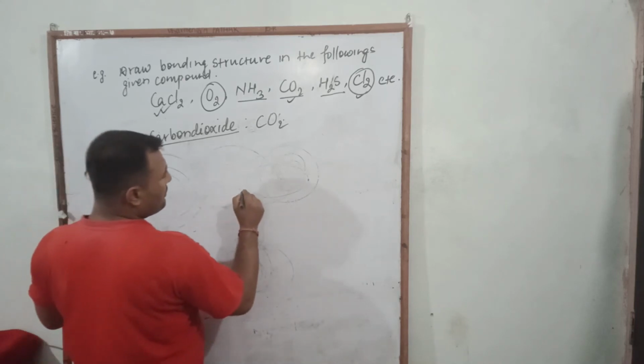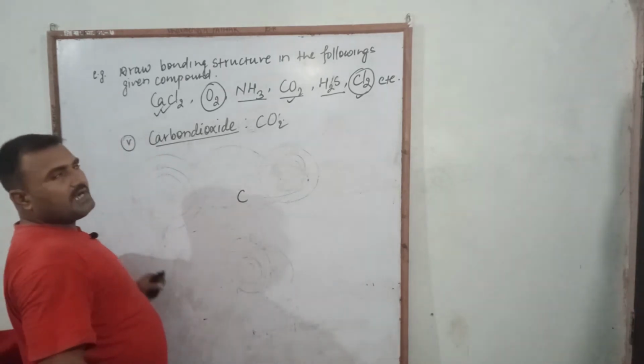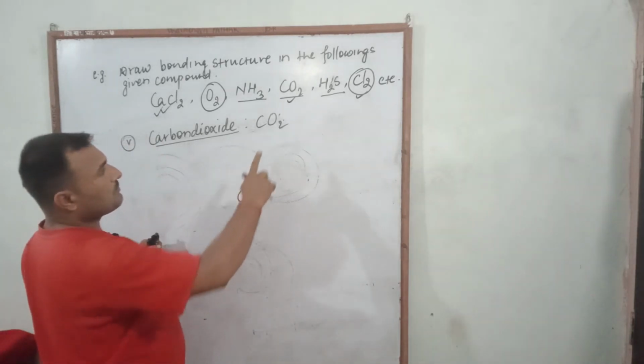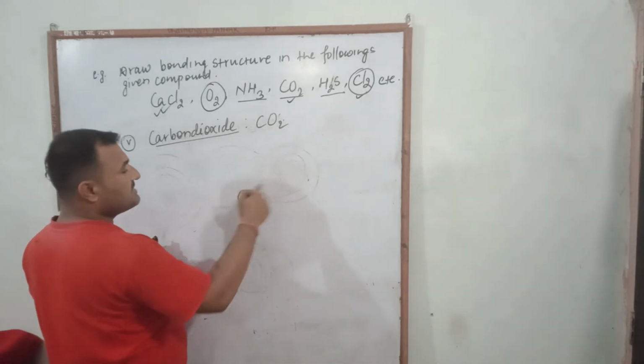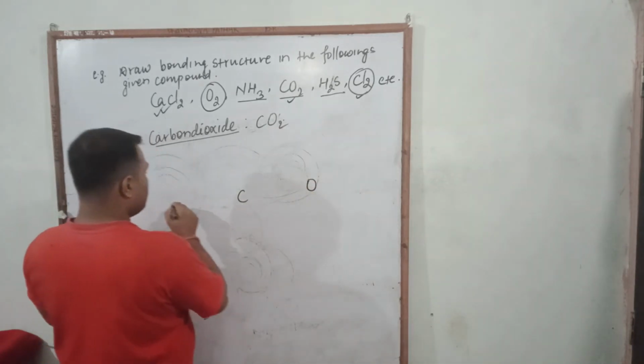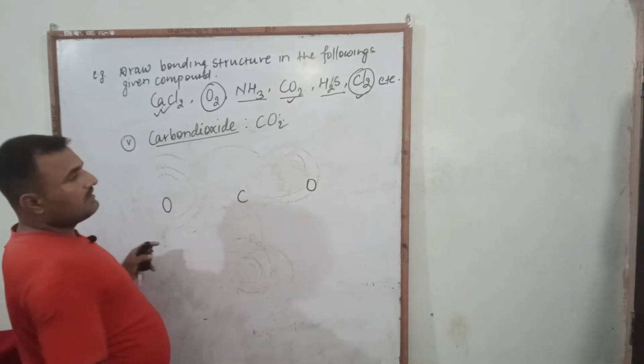At first we draw carbon. Carbon has 4 valence electrons, and 2 oxygen are found on either side of carbon. Why?